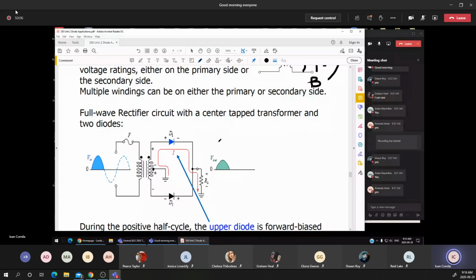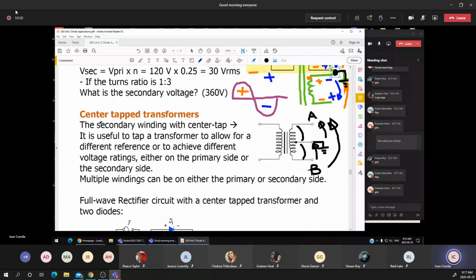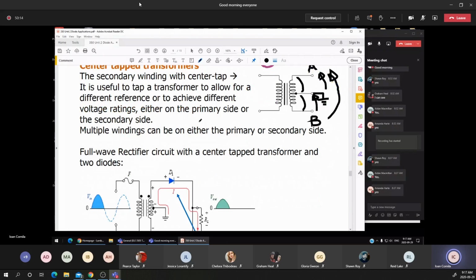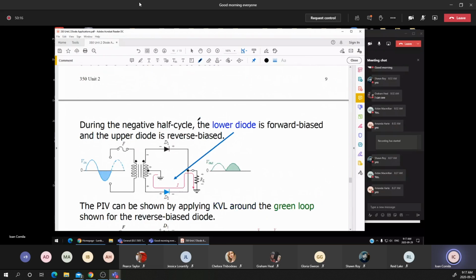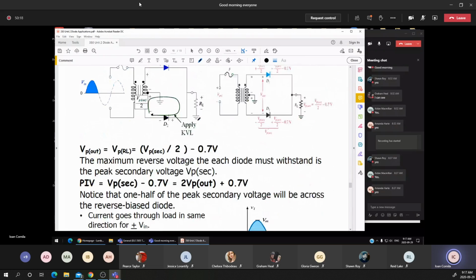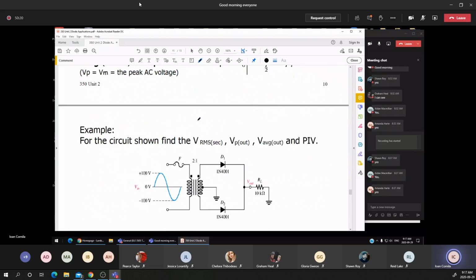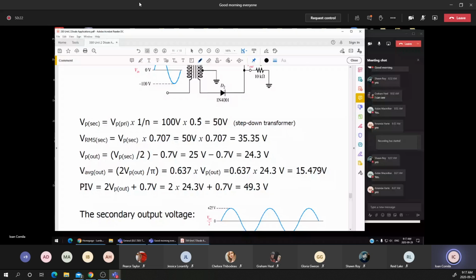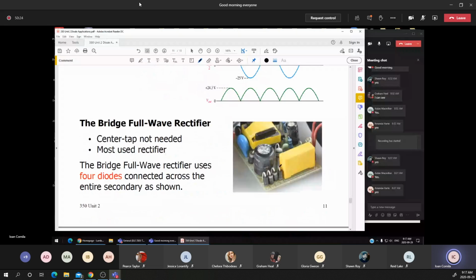Tomorrow we'll go through the center tap transformer full wave rectifier, and the other way of having a full wave rectifier is the bridge full wave rectifier, which requires, as you can see in this diagram, 4 diodes instead of 2 diodes.